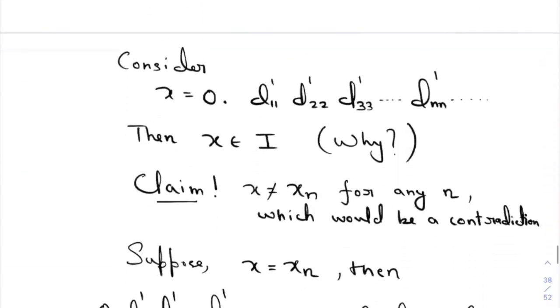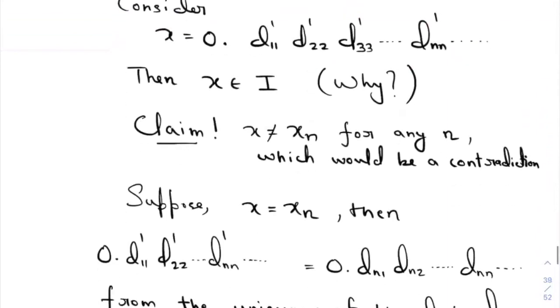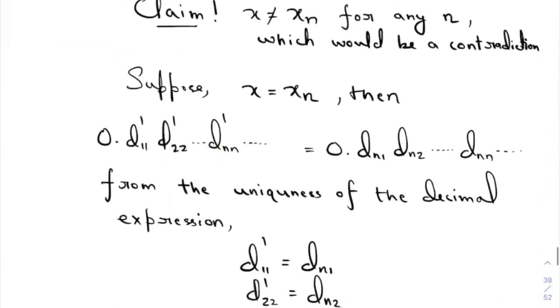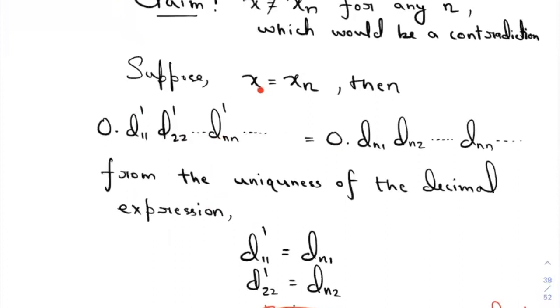So why is this x that I've constructed not an element in that list? That's because if it were, then this number 0.d11 dash d22 dash and so on will be equal to some xn, right? So if x is equal to xn, then this number should be equal to this number.